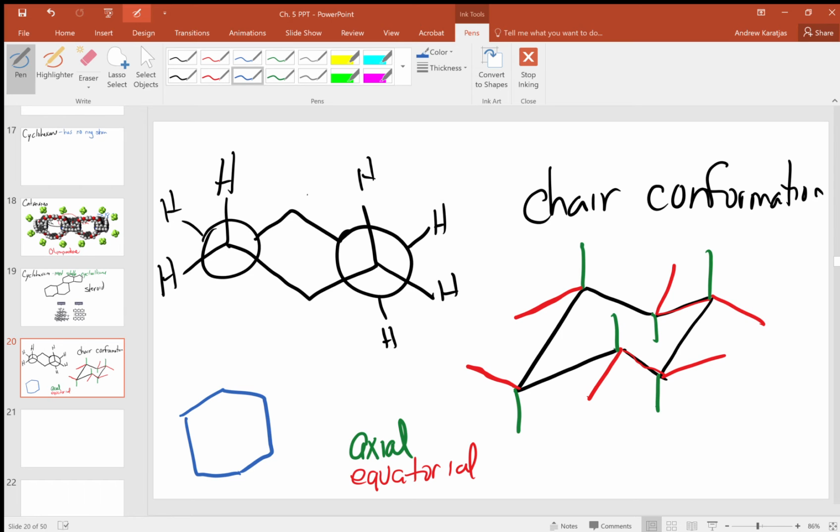Well, the simple answer is they're actually chemically different. So this gray hydrogen, which is axial, and this purple hydrogen, which is equatorial, even though they're on the same carbon, they're actually not equivalent to each other. And so this is the first time we've seen an example of two hydrogens that are attached to the same carbon, but they're not equivalent to each other.